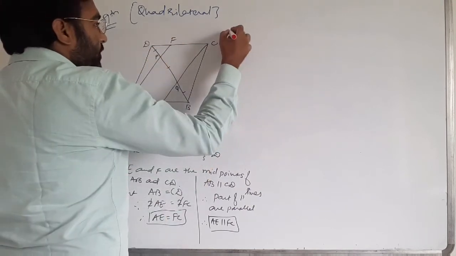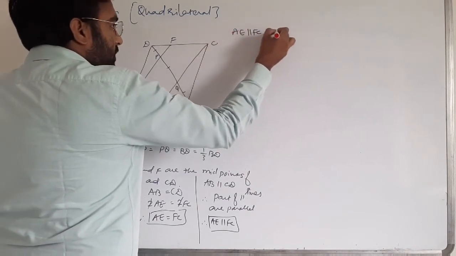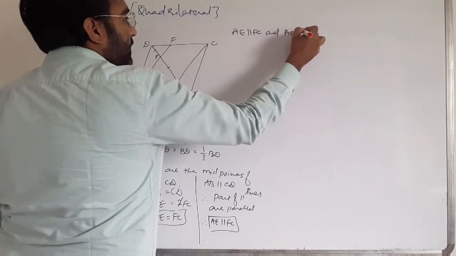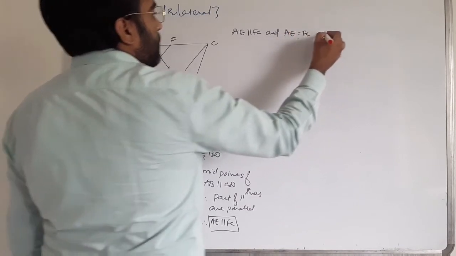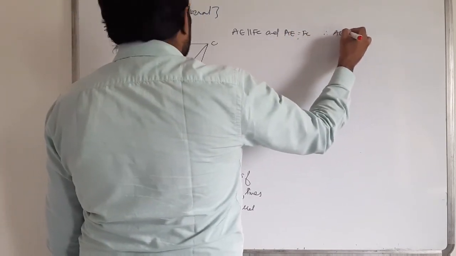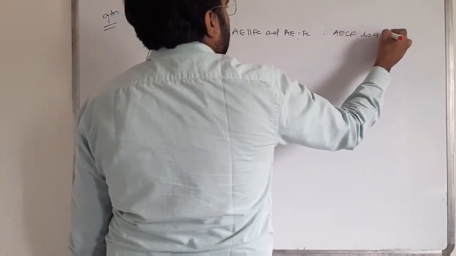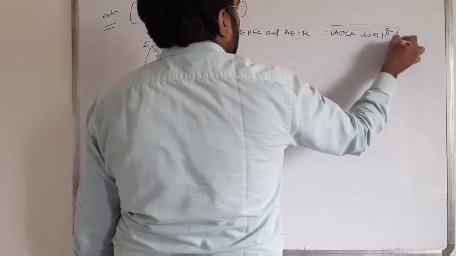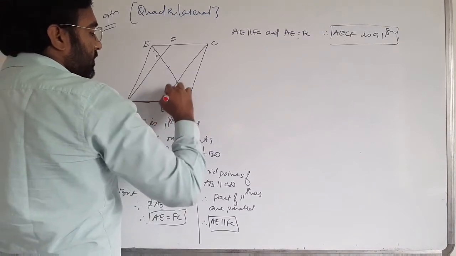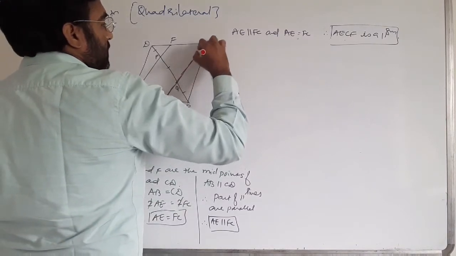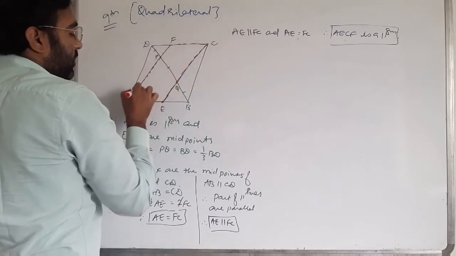So from AE parallel to FC and AE equal to FC, therefore AECF is a parallelogram. Okay, this is my AECF.